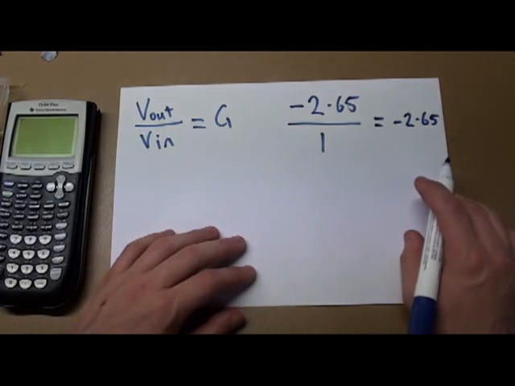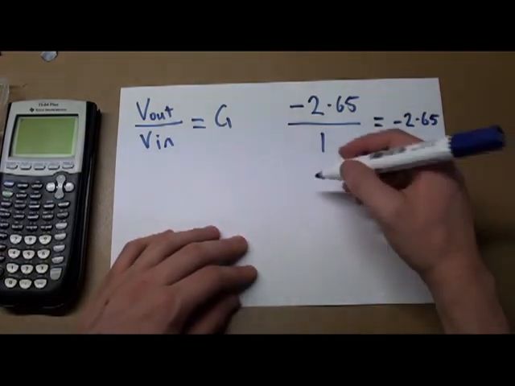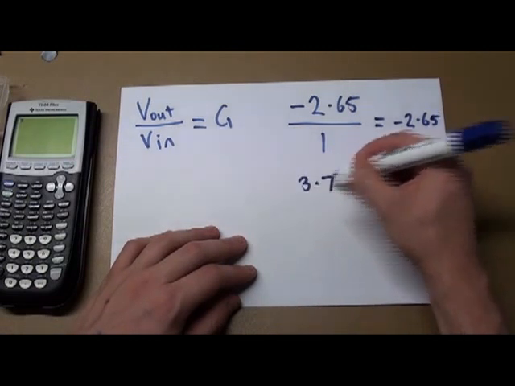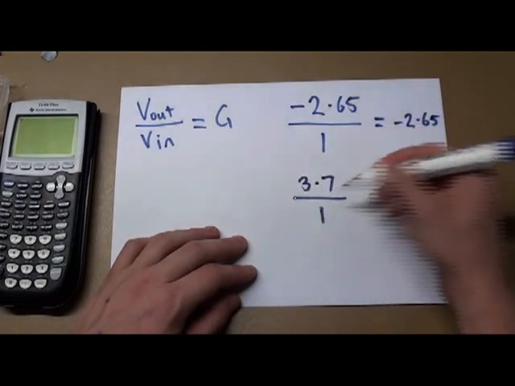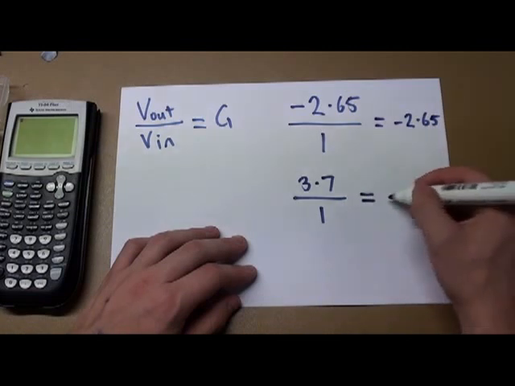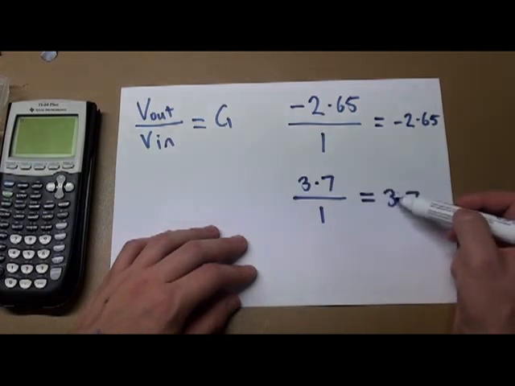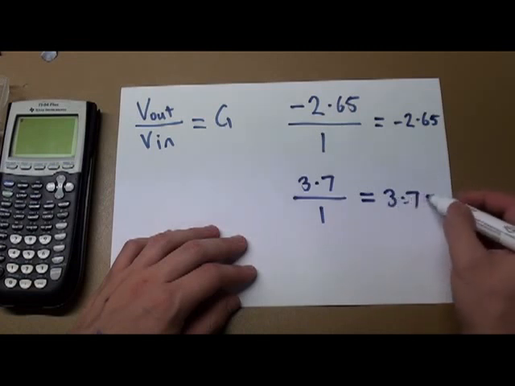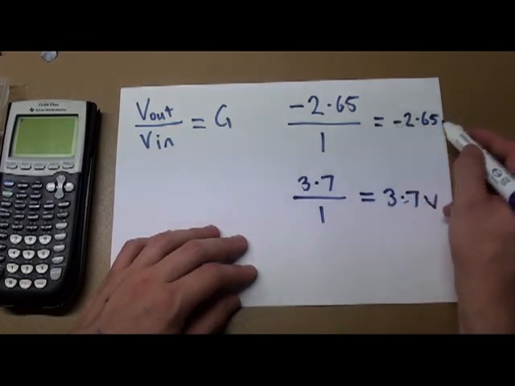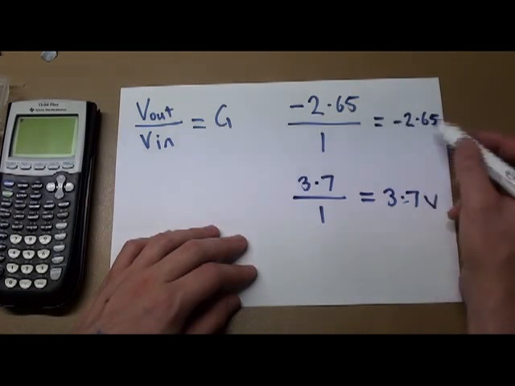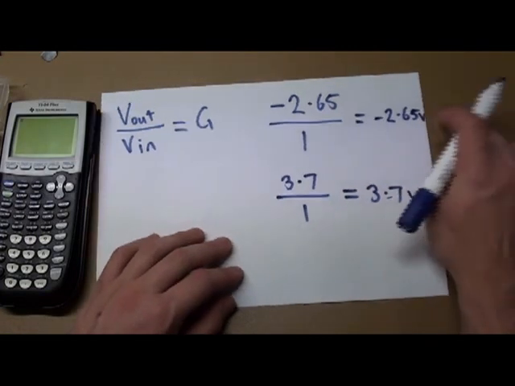The same thing goes for the second one that we found. So it will be 3.7, I think it was, on 1 equals 3.7. So our gain stage that we built in the second case would have a G of 3.7. And the first one, the inverting amplifier, would have a G of negative 2.65.